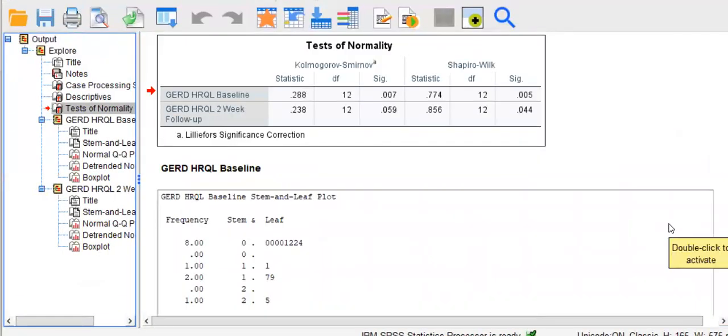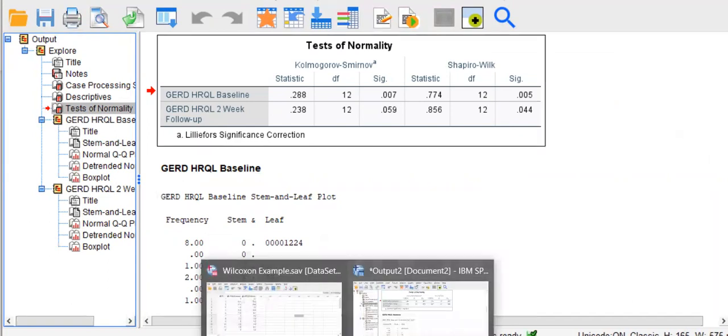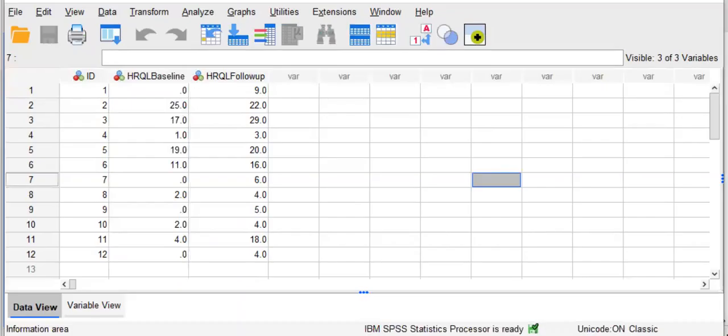The baseline scores indicated a significant deviation from normality, p equals 0.005. And also for 2-week follow-up, the score significantly deviated from normality, p equals 0.044. So that tells us we need to compute a non-parametric statistic instead of the planned paired samples t-test.